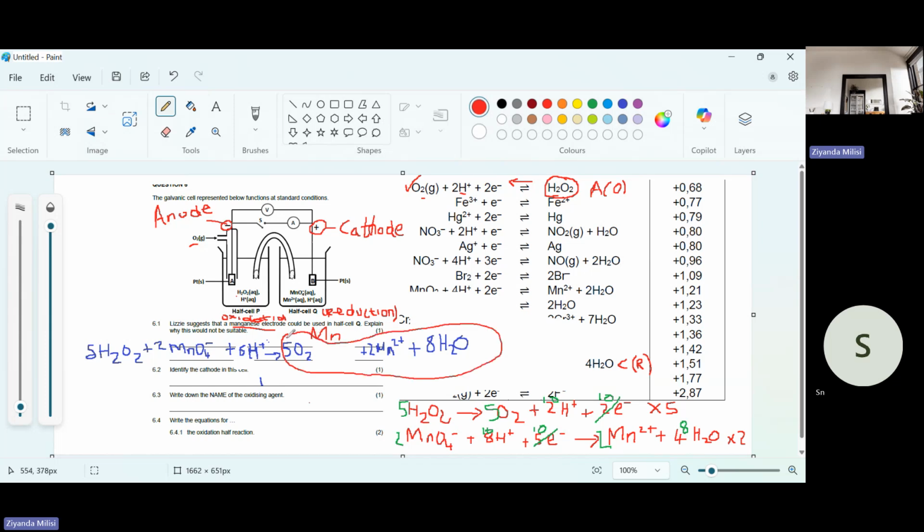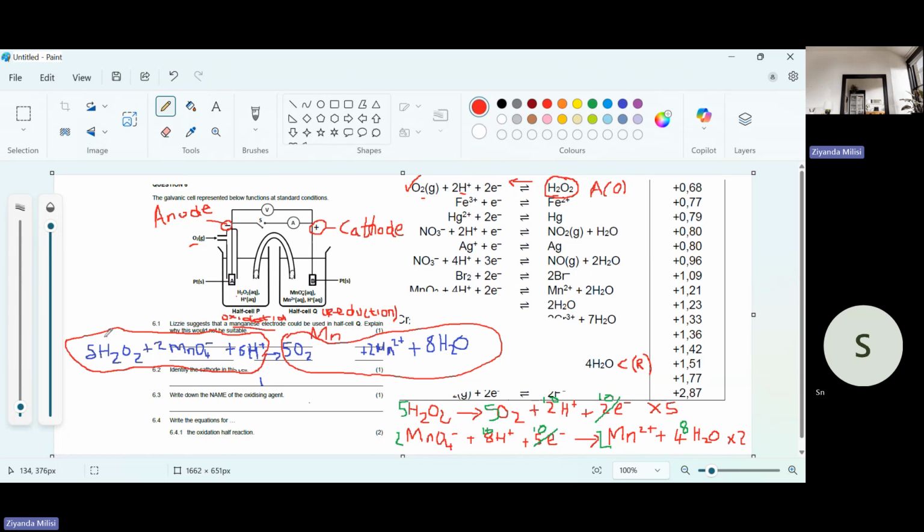Products will never be your agents. Only reactants can be agents, the substances that reacted. So you choose among reactants who is the oxidizing agent, who is the reducing agent. As you know, H2O2 is where oxidation takes place.